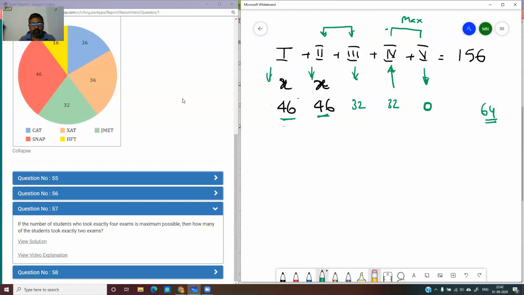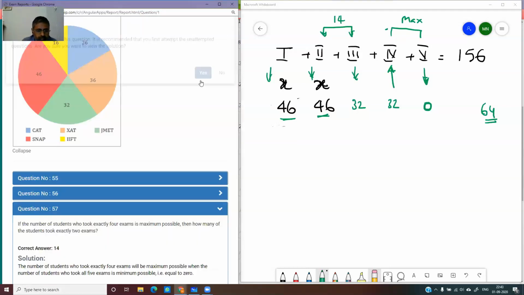So now what will be the value? They've asked how many students took exactly 2 exams. What is the difference here? This difference is 14. So 14 is the answer. 14 people took exactly 2 exams.